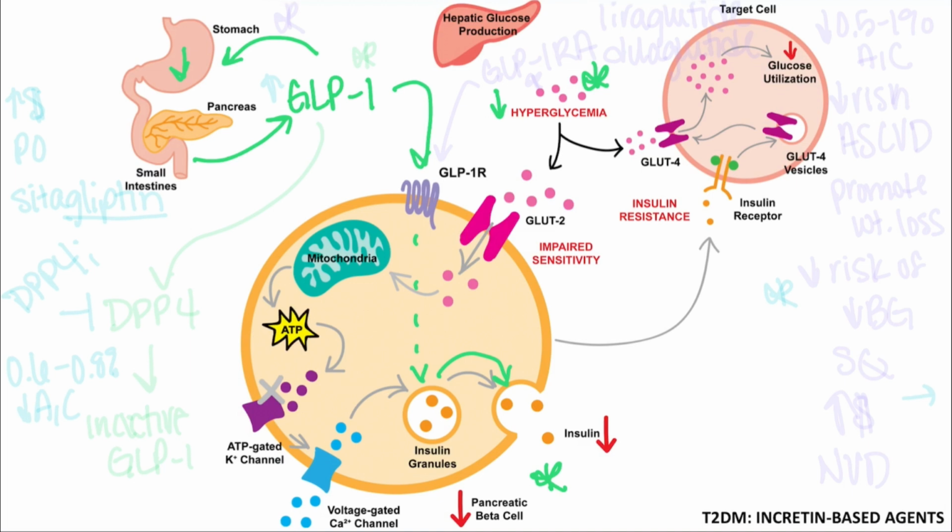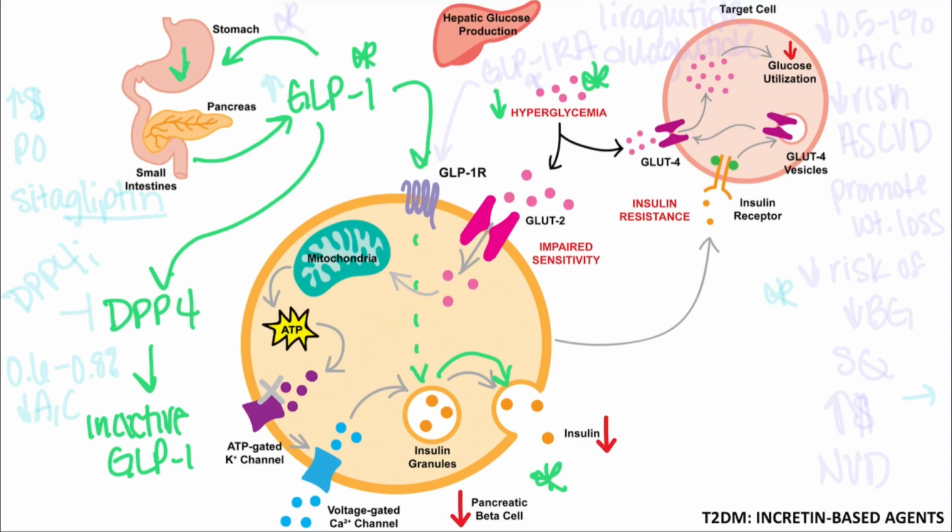And once the effects of GLP-1 are no longer needed, GLP-1 is inactivated by dipeptidyl peptidase 4 or DPP4, again, inactivating GLP-1 so that its effects are not prolonged. So in order to exploit this incretin-based mechanism therapeutically, two different classes of agents were developed.